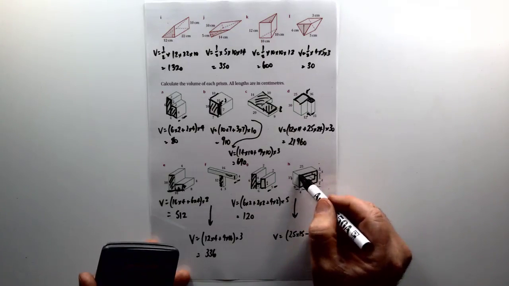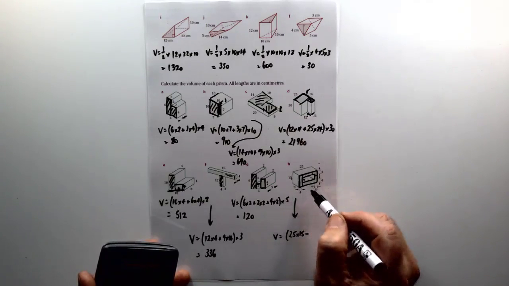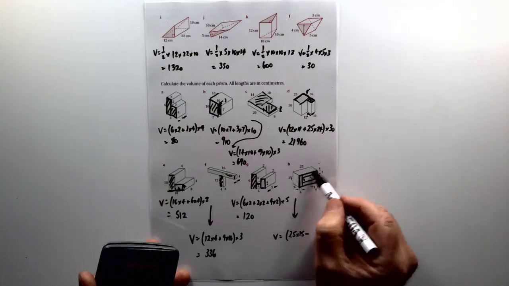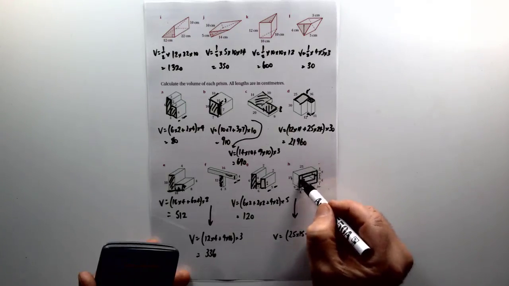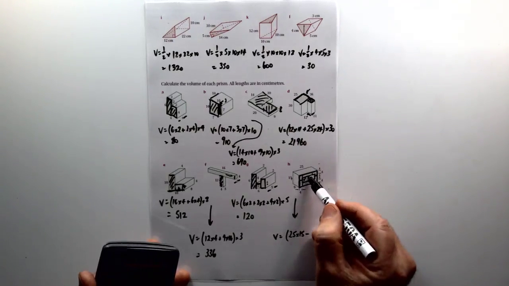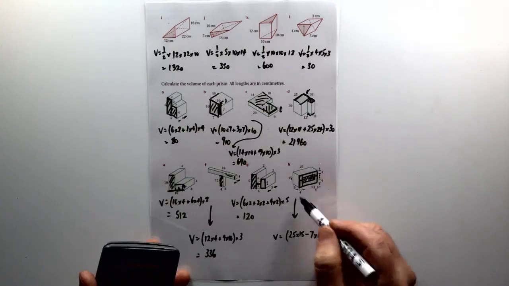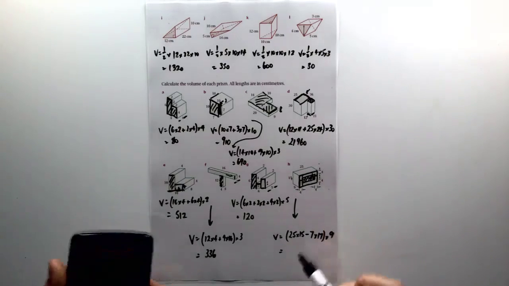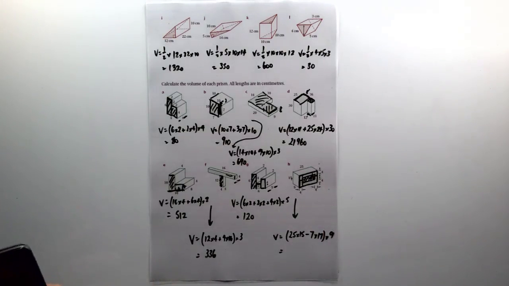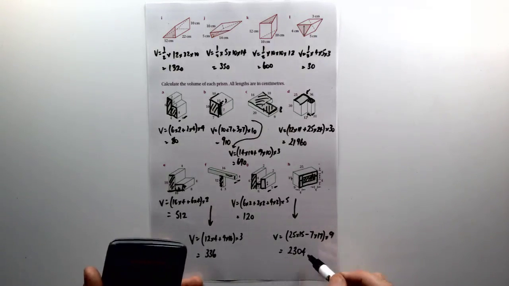So this height was 15. We've taken away 4 here and 4 here, so we've taken away 8, so that leaves us with 7. Similarly, that was 25 long. We take away a 4 and a 4, so again take away 8 to get 17. So we need to take away this middle rectangle, which is 7 times 17, multiplied by that depth, which is 9. Let's go to our calculator here. Okay, we should get 2,304.